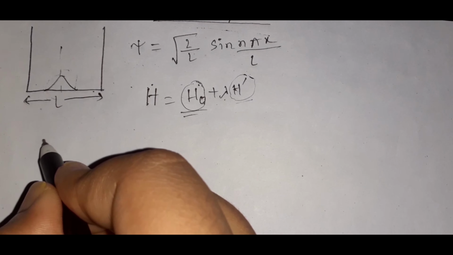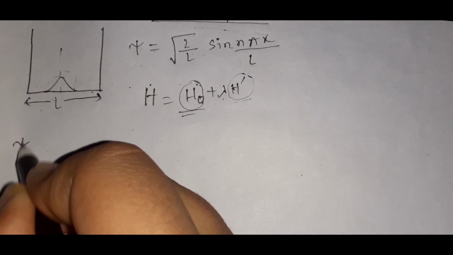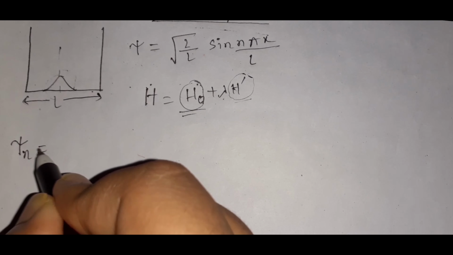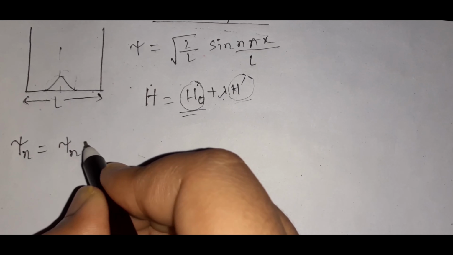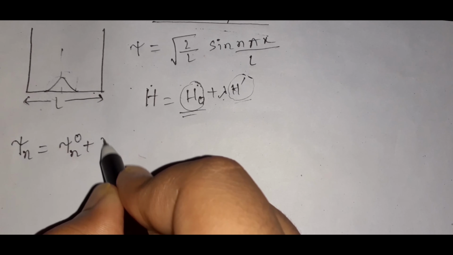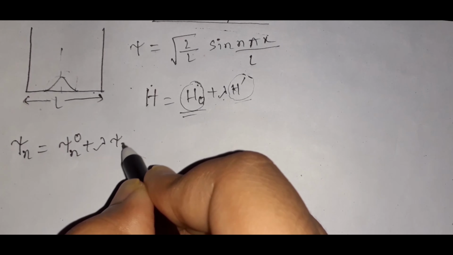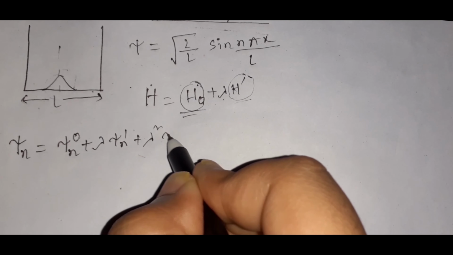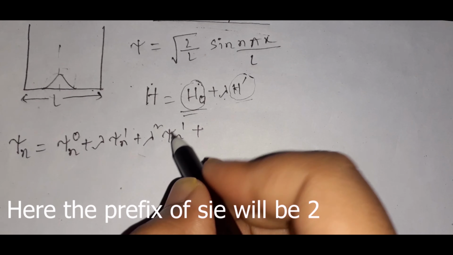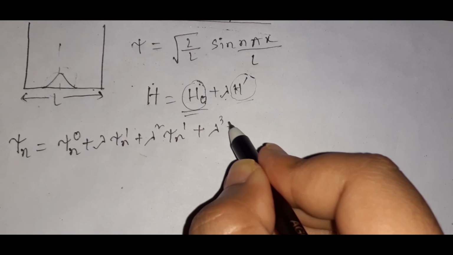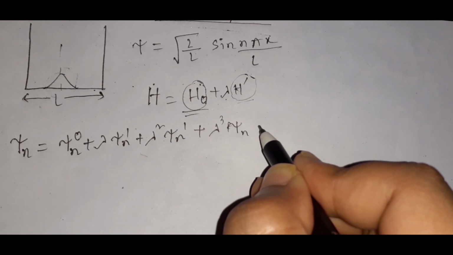Now let's write the wave function as an infinite series of lambda like this. As you can see, as I go further, the order of lambda gets bigger and bigger, and this goes to infinity.